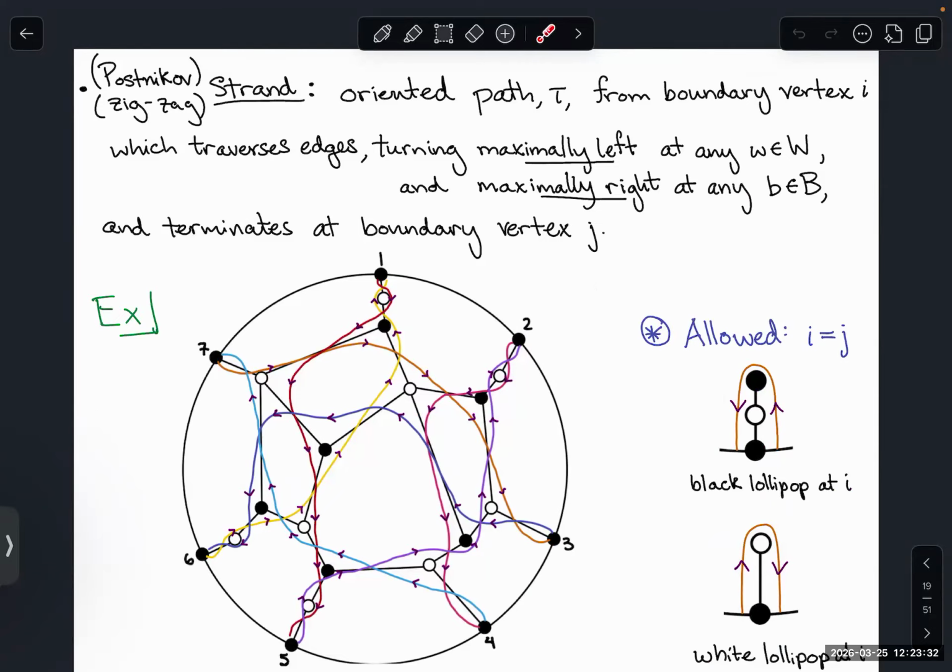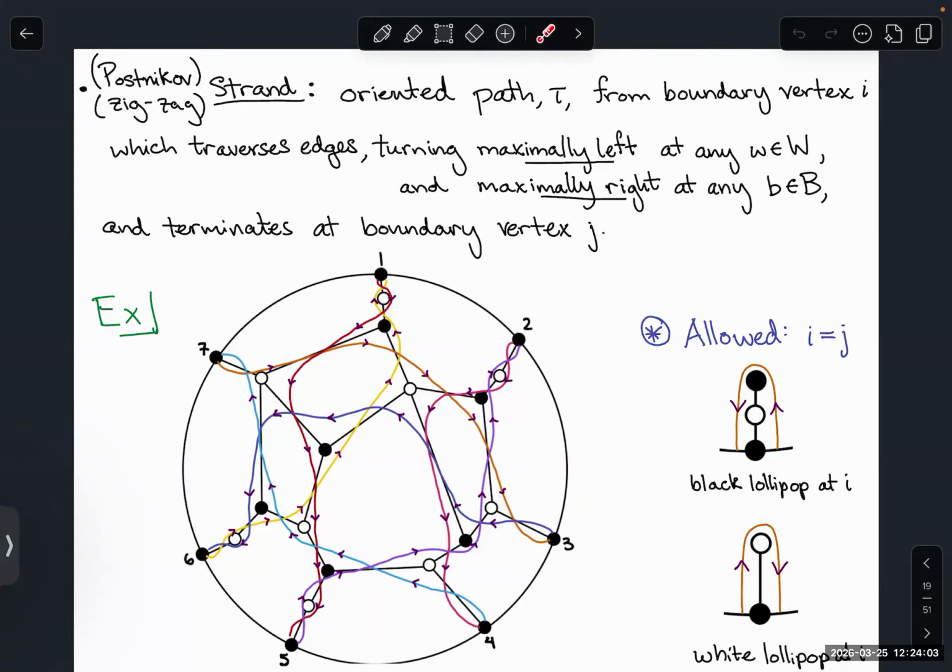One of the things we can do with our plabic graph is add these Postnikov strands, or zigzag strands. I'm going to call them strands. These come from each boundary vertex, traverse the edges of our graph following some rules of the road, and then end at another boundary vertex. The rules of the road are that as we approach a white vertex, we turn maximally left, and as we approach a black vertex, we turn maximally right.